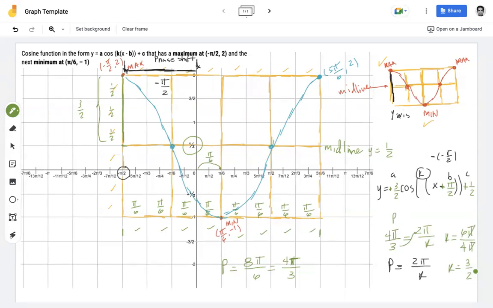This is a coincidence that a and k end up having the same value, but notice that they came from different parts of the graph. So don't be fooled if you end up with a and k being the same; it doesn't mean that they will always be the same. This is a particular case with that particular solution, and this is our final equation.